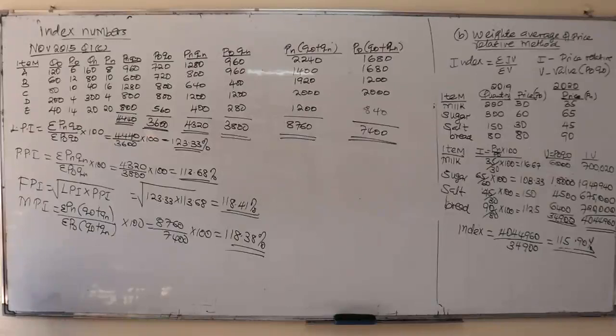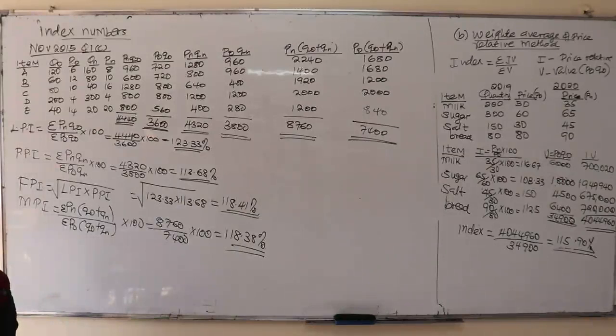Now the last part is what we call the consumer price index. That is now what I want to talk about. Consumer price index is also what we call the purchasing power price index.